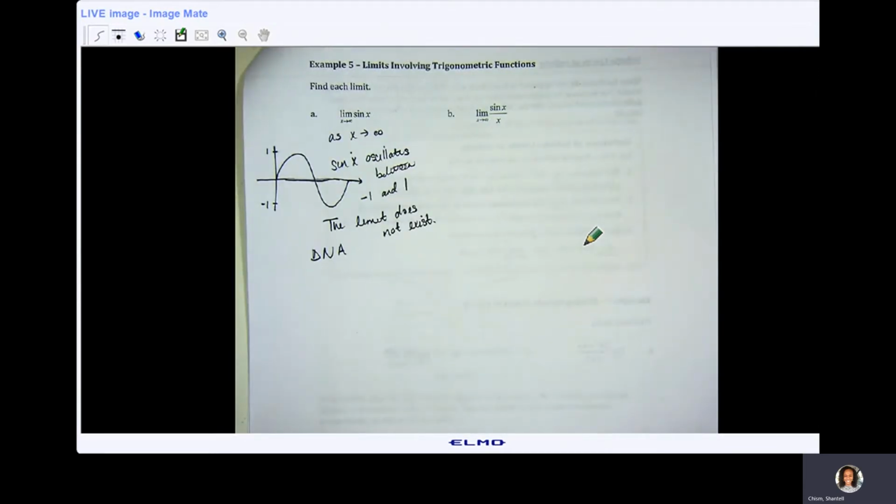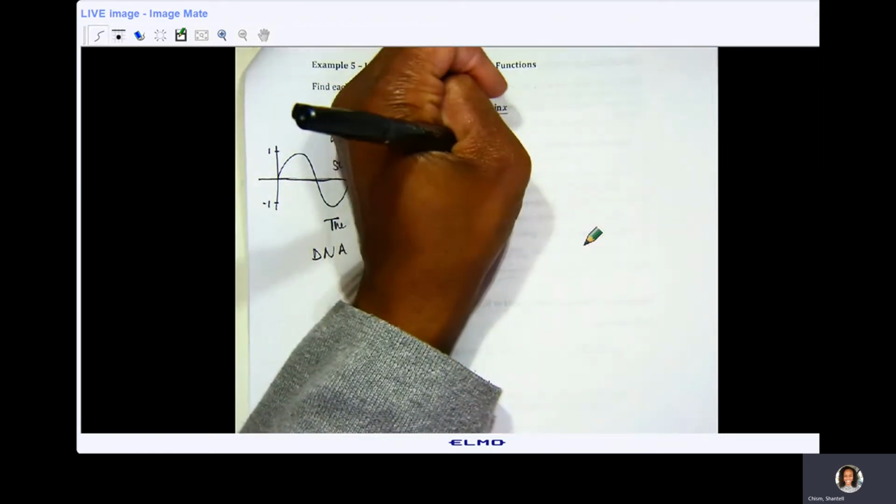Now, the limit of sine x over x, that might exist. Let's take a look at it. So what we're going to do is start out looking at sine x.